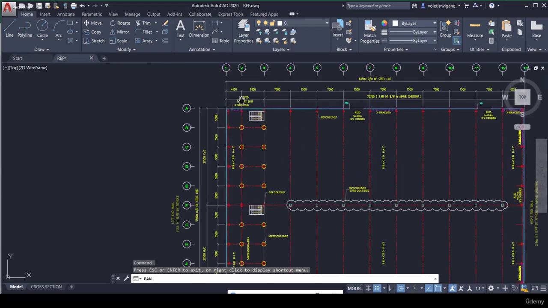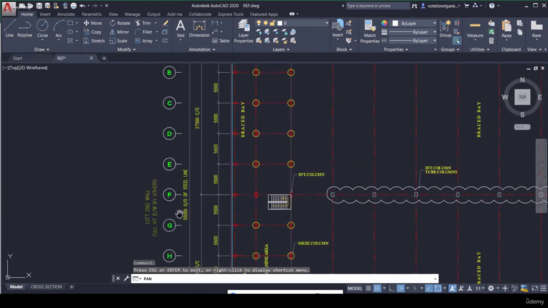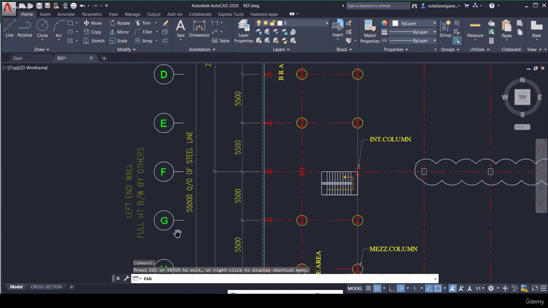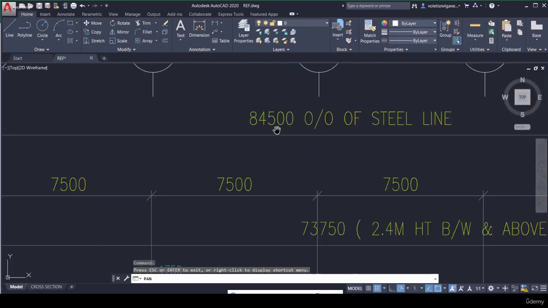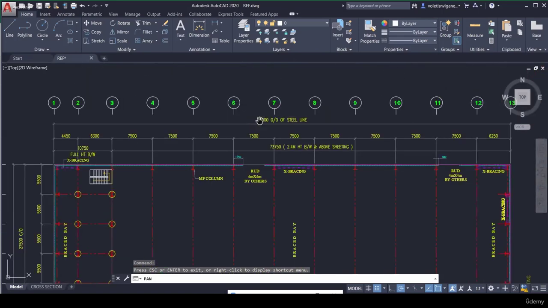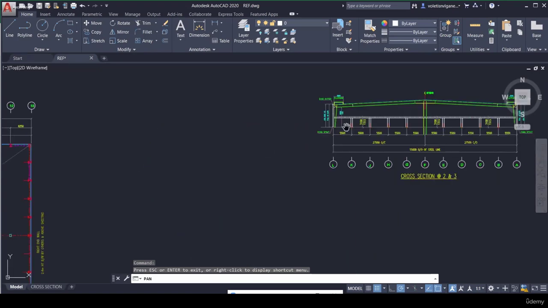Perpendicular to the frame line, we call it the length, that is 84.5 meters here. The width of this building in the drawing is 55 meters, and the perpendicular is the length, 84.5. This is about width and length.